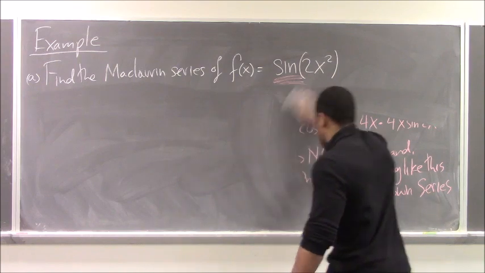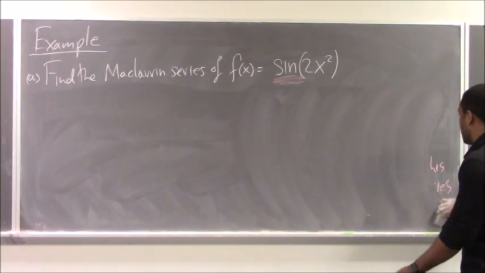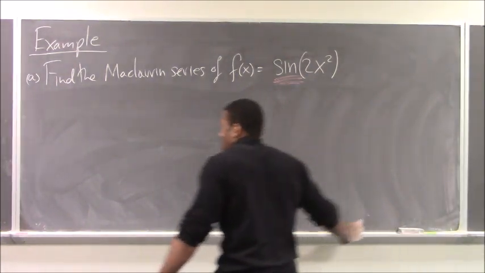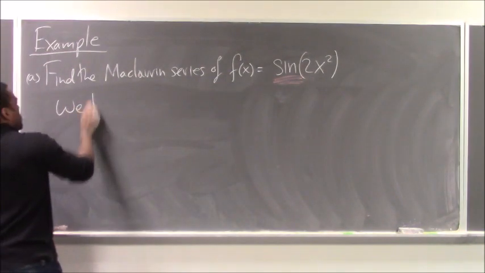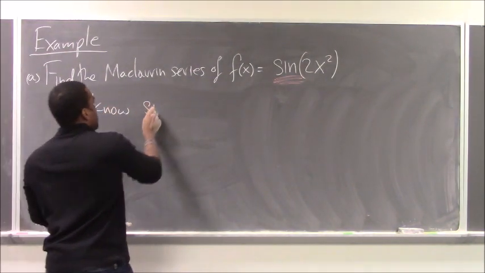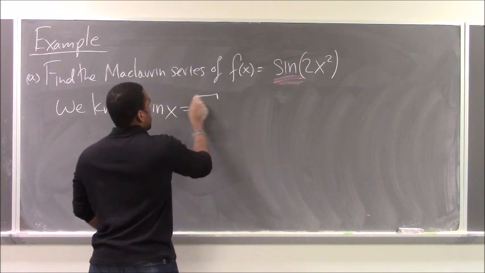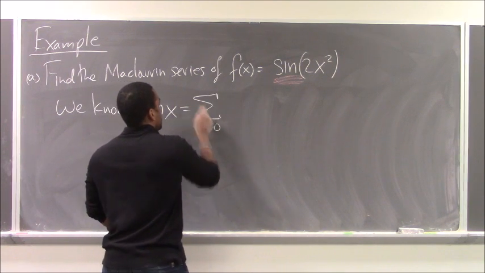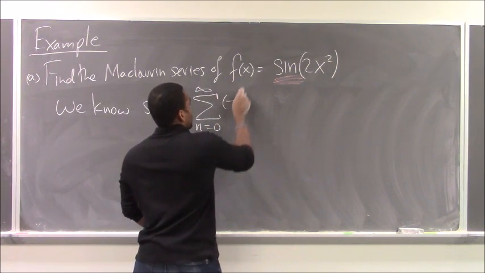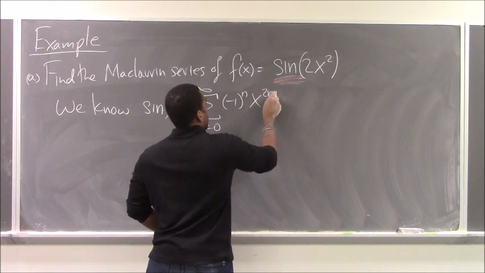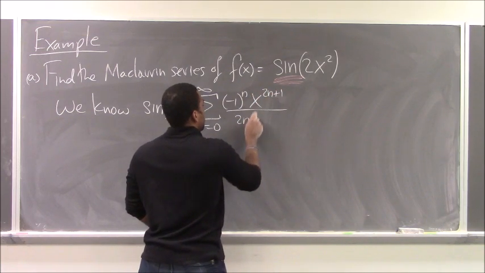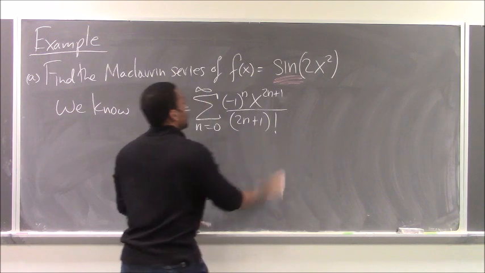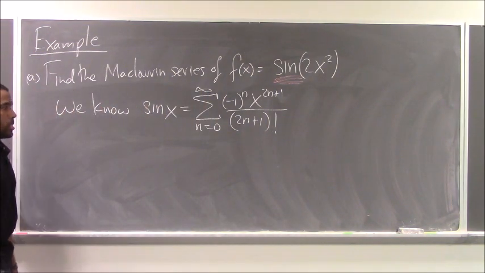So how I would approach this one is we know that sine of x is equal to the series n goes from 0 to infinity of minus 1 to the n of x to the 2n plus 1 over 2n plus 1 factorial, right?